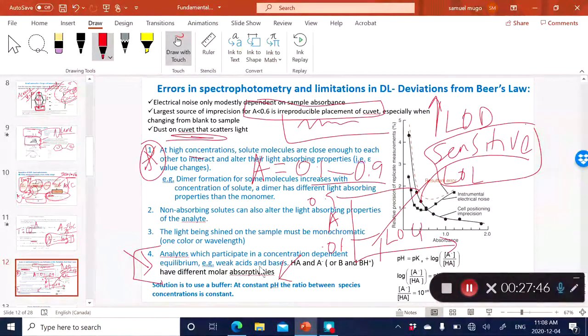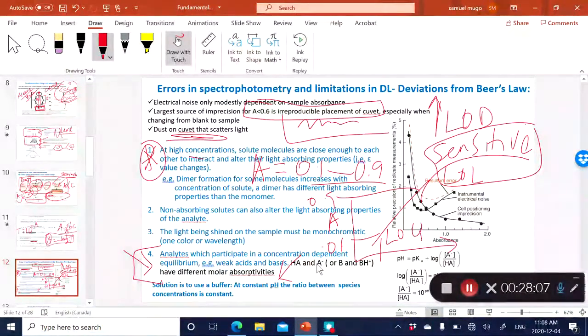So for example, if you're analyzing weak acids and bases, always make sure you add a buffer to the sample, so that you're not getting these acid-base equilibria taking place.